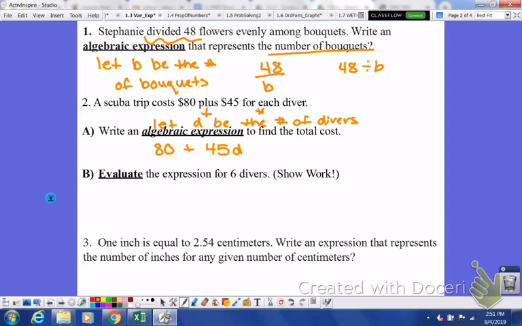There's our expression, and then in part B, evaluate the expression for 6 divers. Make sure you show your work. So that means we're going to start by rewriting the expression. If there are 6 divers, we're then going to show our substitution. So 80 plus 45 times 6.